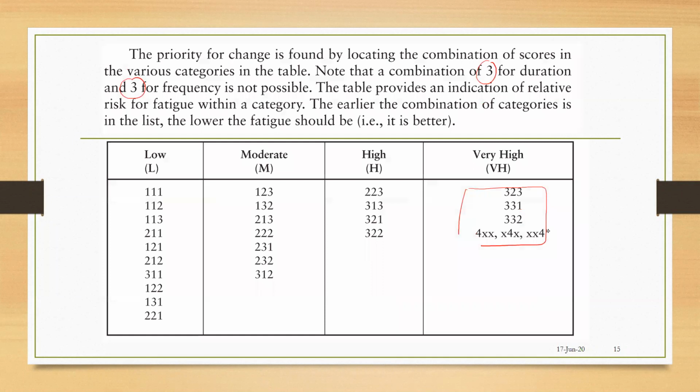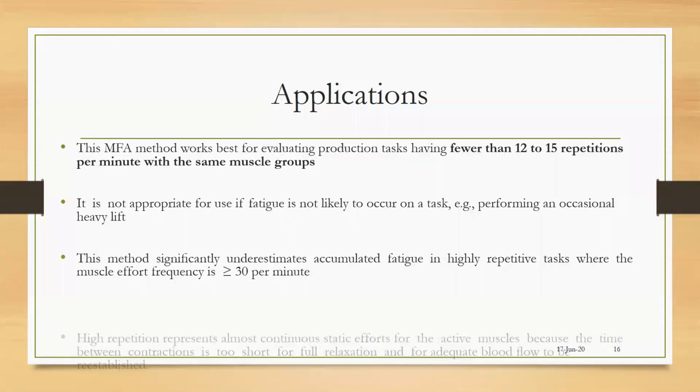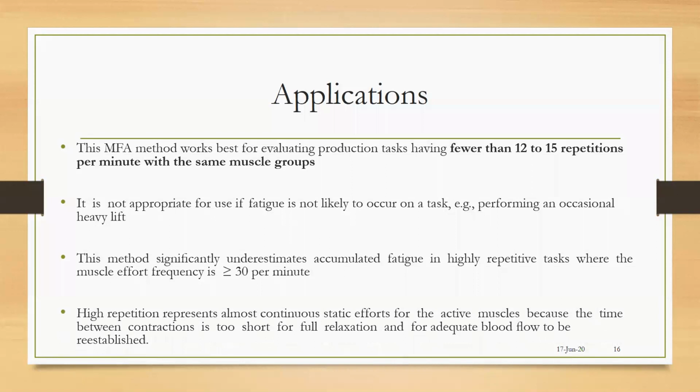So this method is suitable for tasks that need fewer than 12 to 15 repetitions per minute with the same muscle groups. And it is not suitable for occasional tasks like occasional lifts.